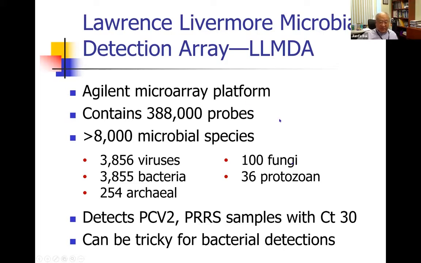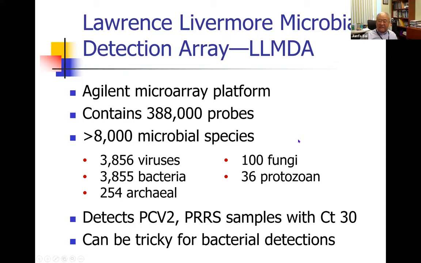So they said the detection limits for PCV2 and PRRS, those are pig pathogens, is about CT30. I have not introduced PCR too much, so you probably don't know what CT30 means.